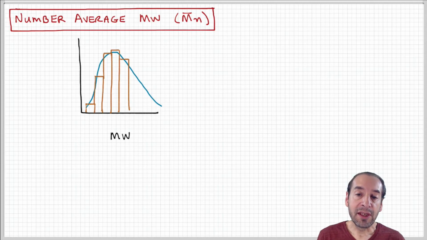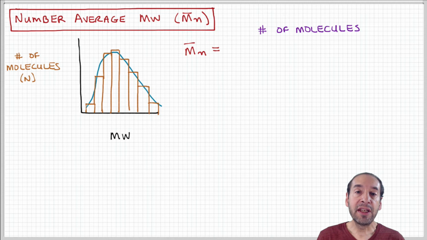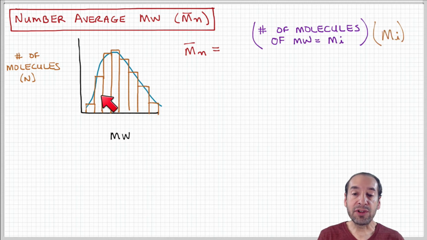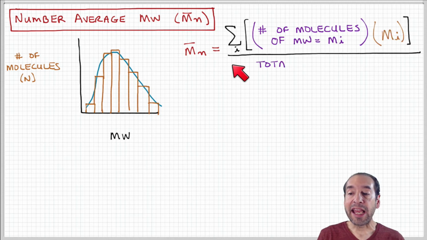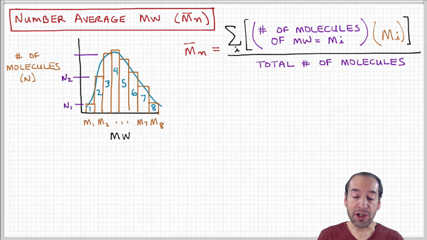To get a relationship to help us calculate the number average molecular weight, remember again, we have a distribution of chain lengths in our sample, or molecular weights, and we're breaking that up into discrete intervals. And we have this general equation for the number average molecular weight. In this example, I have eight bins, or eight bars, that represent the shape of this distribution curve.